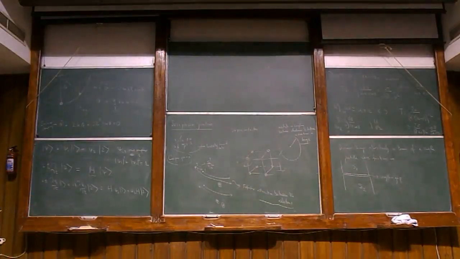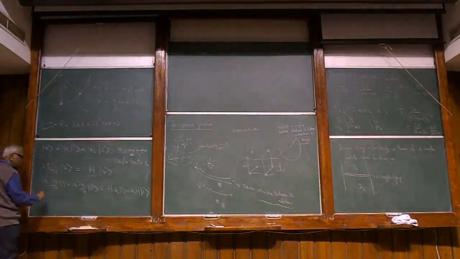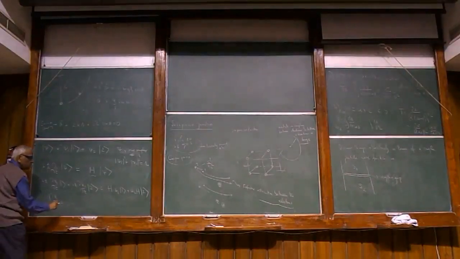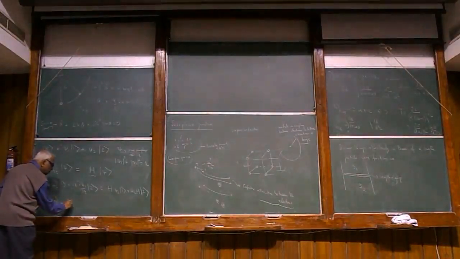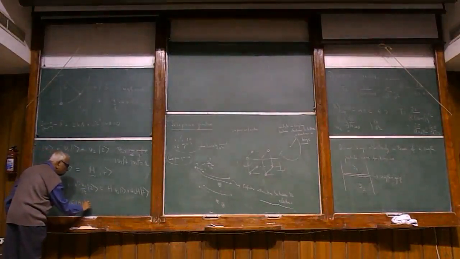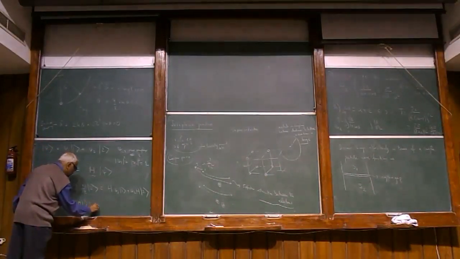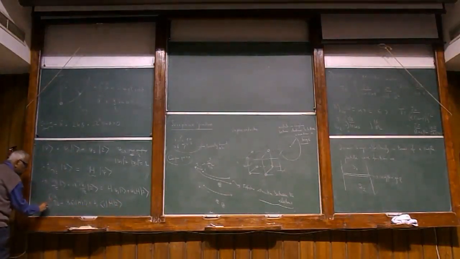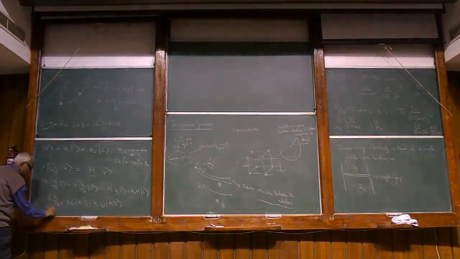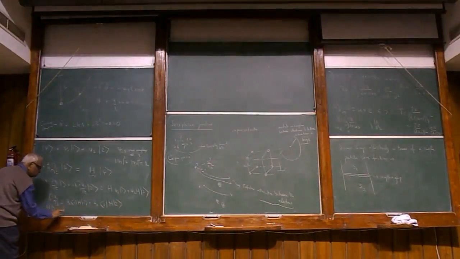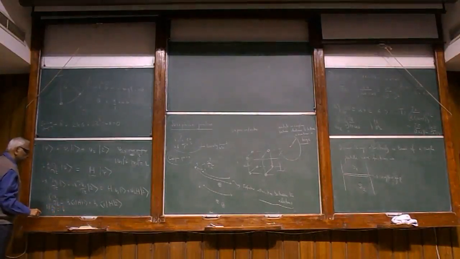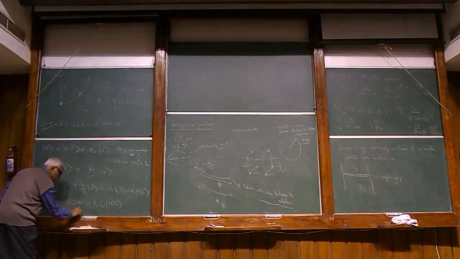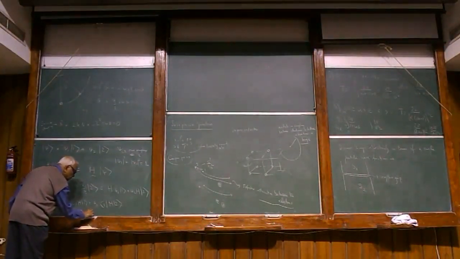If you take an inner product with the state <1|, then i h-bar del psi 1 del t is equal to psi 1 <1|H|1> plus psi 2 <1|H|2>, and similarly i h-bar del psi 2 del t is psi 2 <2|H|2> plus psi 1 <2|H|1>.